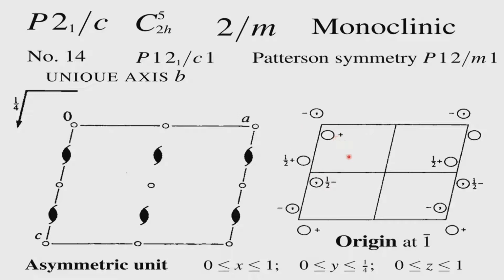The number of equivalent points in the asymmetric unit here in this case is only 1. It is because of the fact it is a primitive lattice. So, in a primitive lattice you should have only 1. In a C centered lattice you should have 2. In a F centered lattice you will have 4, and in a body centered lattice you will have 2.